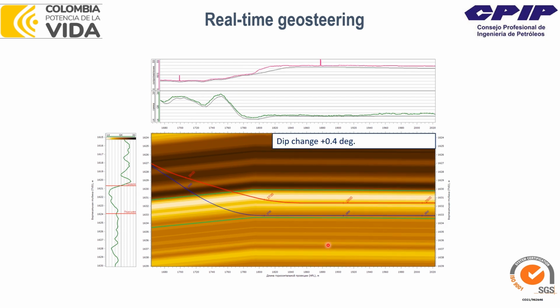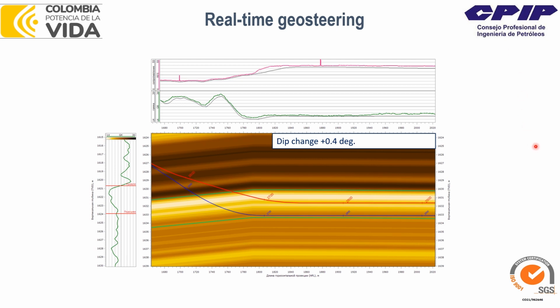Okay. In this case, we had to change the dip to make it dip down 0.4 degrees, and you see that in this zone the formation is now almost horizontal, which is good for us. We're going to stay in the pay zone. Okay, so that's our objective, to follow the pay zone and keep drilling inside this sand.